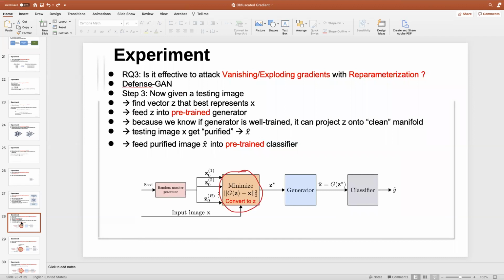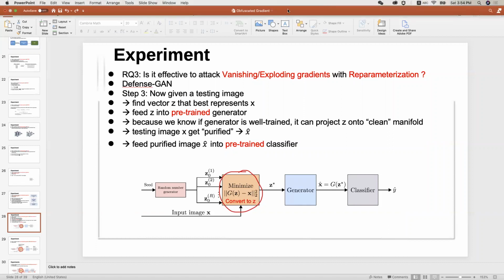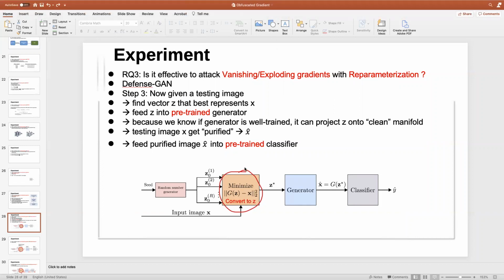Step 3 is now we have a pre-trained generator and a pre-trained classifier. Given a testing image X, I'm first going to find a vector Z that best represents X. This Z is found through this optimization network, and then we feed this vector into the generator.